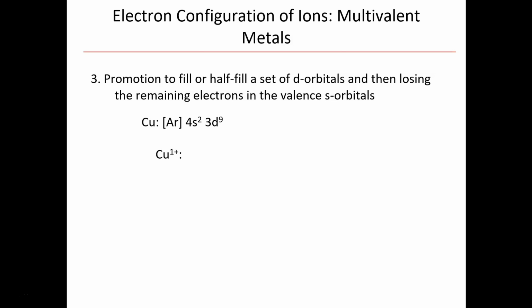But if we want +1, first we would promote one of the electrons from the valence 4s to fill its core 3d. And so now the d is full, has 10. And then I'm going to lose the one electron that remains in the valence s orbital. So we have this electron configuration.